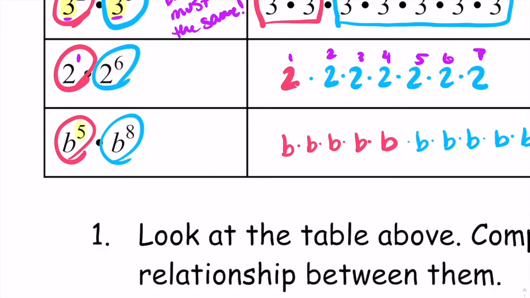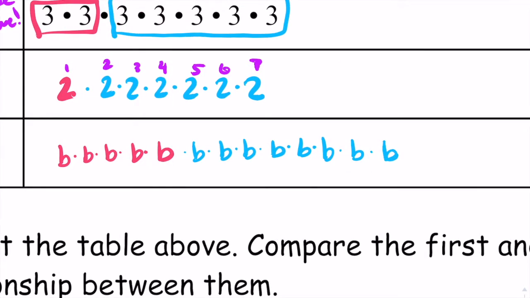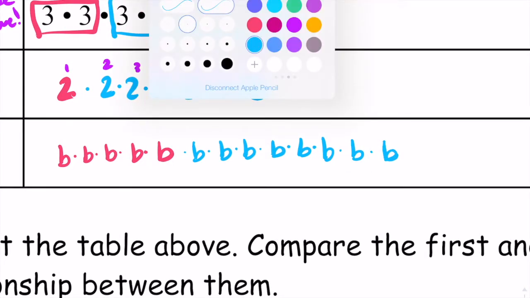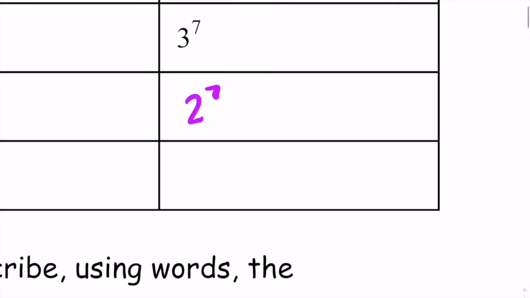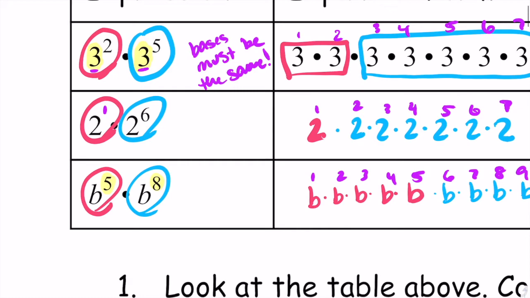If you're still confused on the pattern, I have 5 and 8. Okay, so now if I were to count all of these b's up, I have 1, 2, 3, 4, 5, 6, 7, 8, 9, 10, 11, 12, 13. So I have b to the 13.